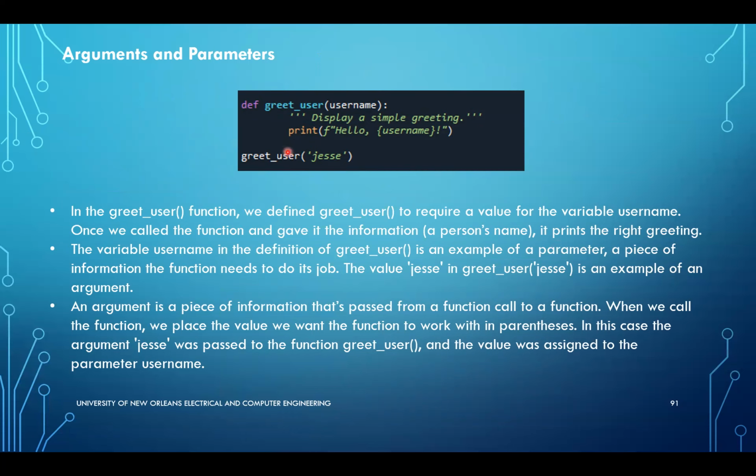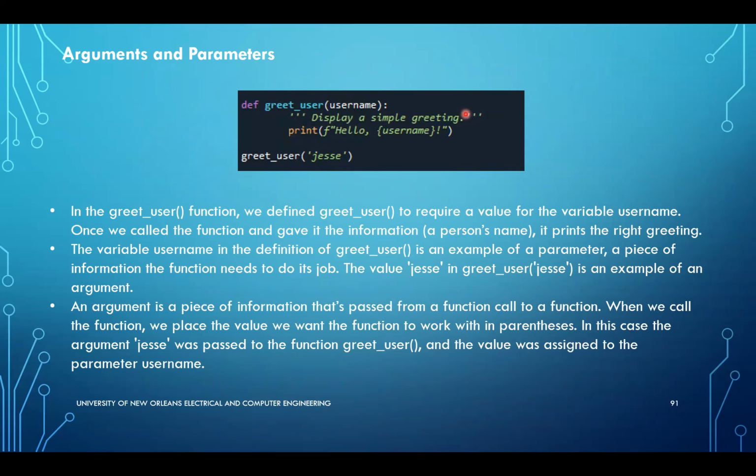So, for example, in this little example here, we have a function called greet_user, and it's going to expect a username associated with the function. Again, we have the docstring that tells us what the function will do.